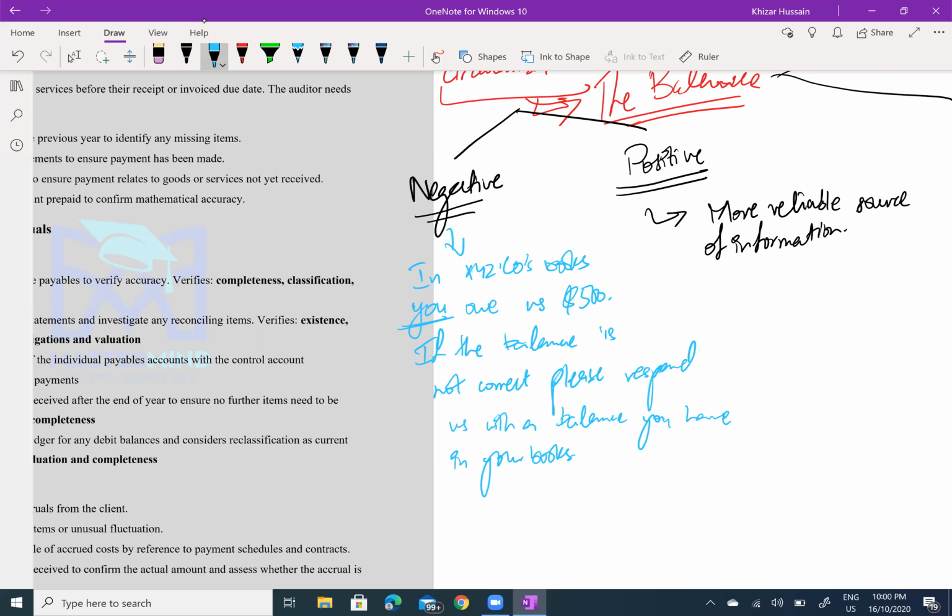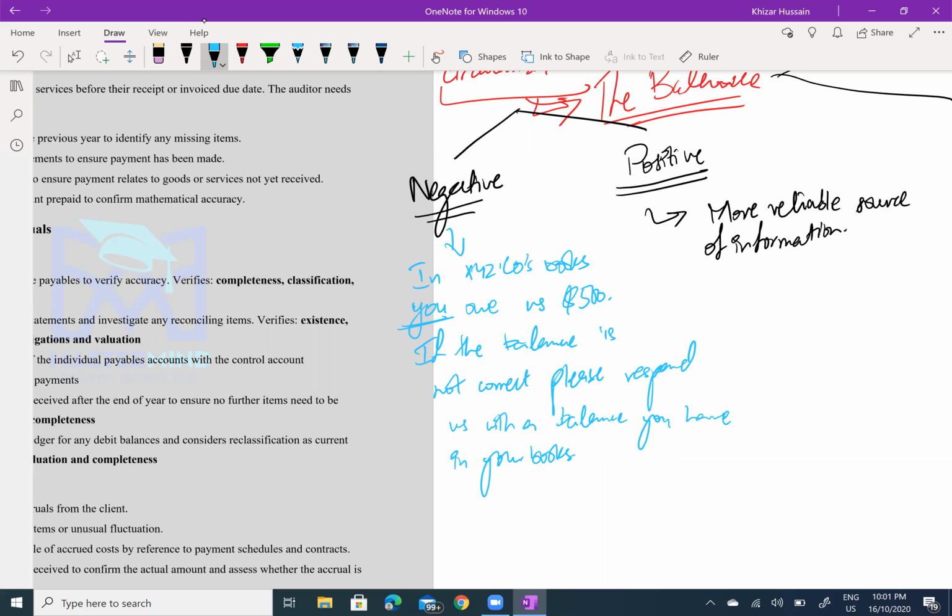But in a negative confirmation, we write down our balance and then we ask them to respond only if they think that the balance is not correct. That is what negative confirmation is. Get it? This is the main difference. You sure? Sure, sir. Okay.